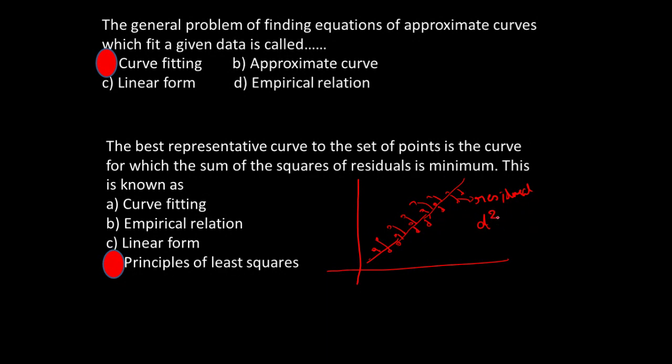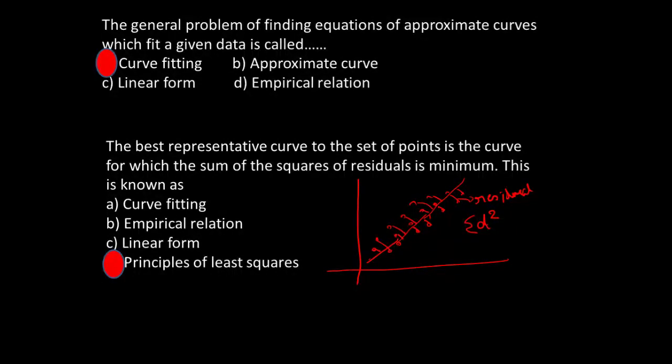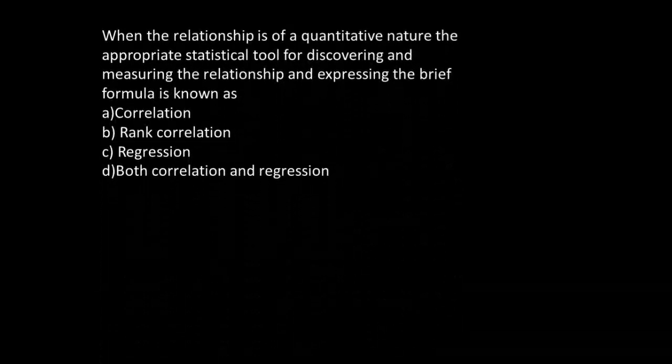You have to take the square of this, and if the sum of the squares of the distances, meaning residuals, is minimum, then that curve is considered the curve of best fit. Okay, so this is as per the theory. For this you should know the theory very well. Now next question.